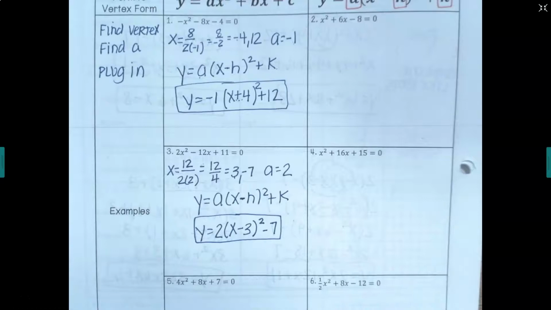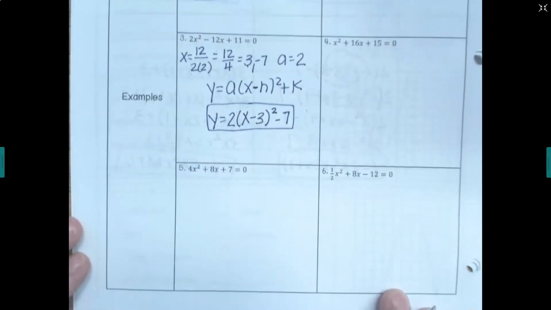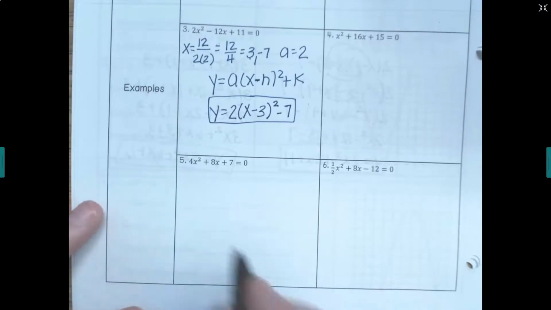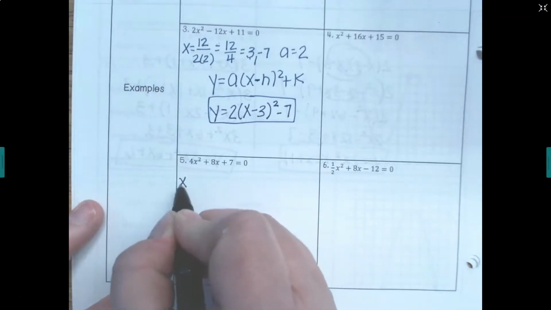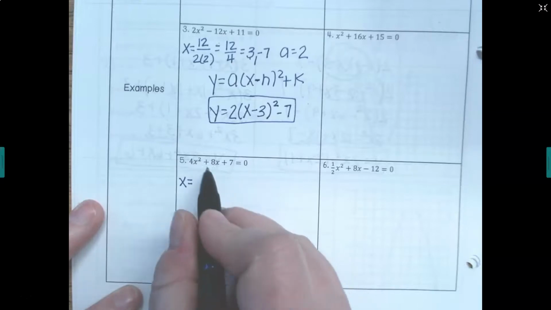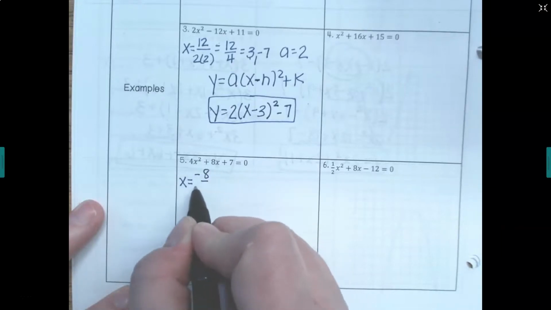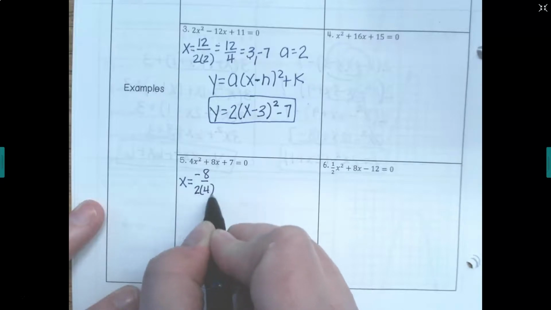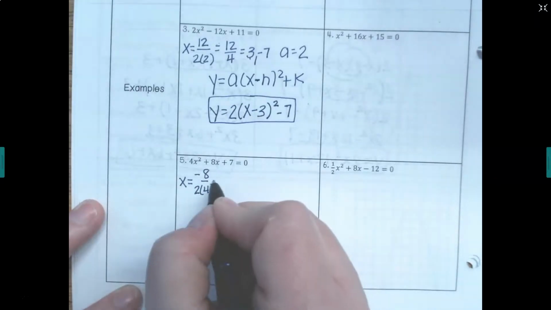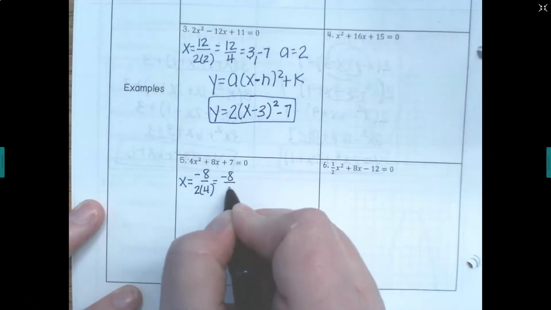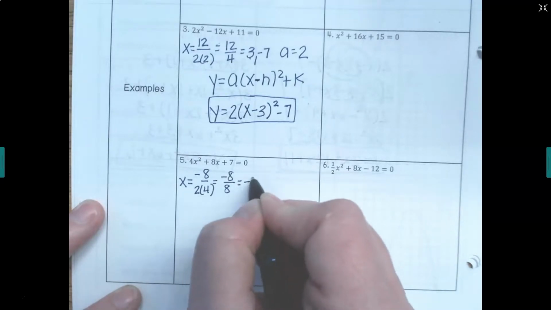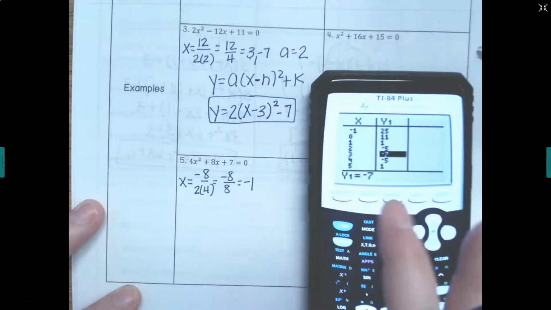All right. Let's try number 5. Find your vertex. x equals -b over 2a, so it's -8 divided by 2a, which gives you -8 divided by +8, which is -1.